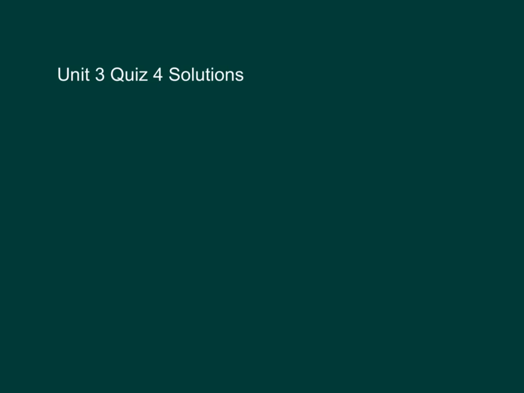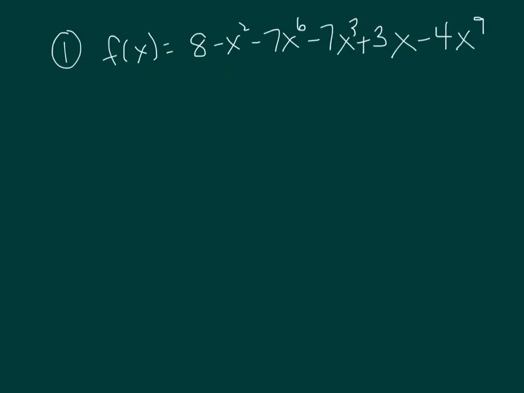So let's start with number 1. I'm asking you to do 4 different things here. So the first is to put it in standard form. So standard form means that the exponents go from highest to lowest. So if I rewrite it, I'm going to look at the highest exponent, which in this case is the 9. So I'm going to put this term first, negative 4x to the 9th.